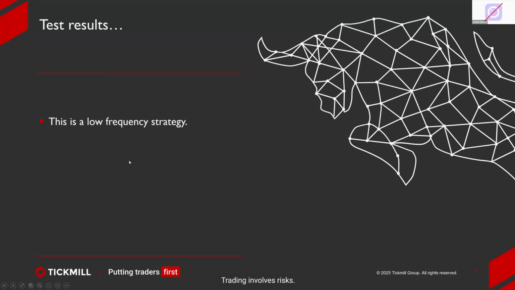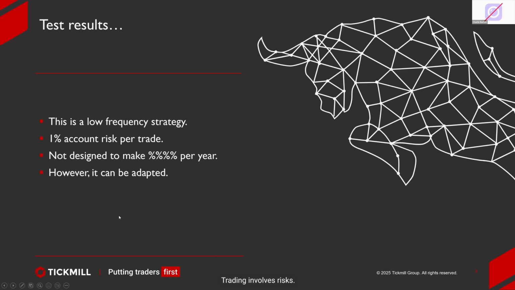Okay. So, but even on an 8-hour time frame, it's still in relative terms relatively low frequency. Okay, so those results were based on 1% risk per trade. It's not designed to make millions per year. However, it can be adapted as I'm saying here. So you can adapt it and those rules on the daily to probably make it more profitable, as I've just hinted at here.